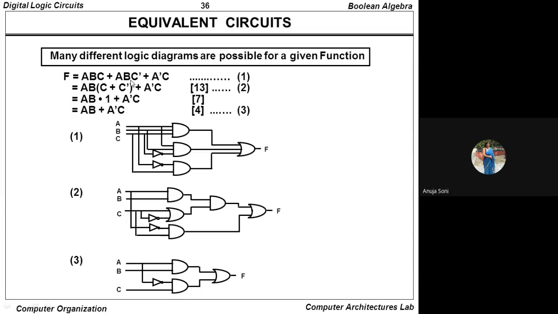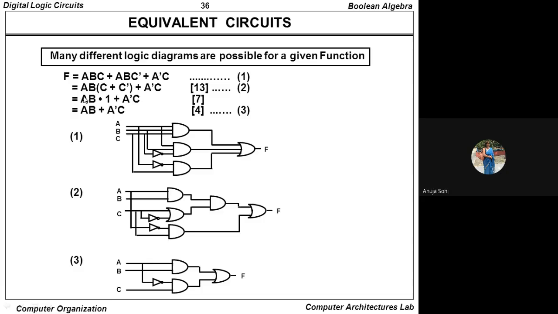This is one example, and we count how many gates are used in one part: 3 AND gates, 2 inverters makes 5, 1 OR makes 6. In the second reduced version it is 7 logic gates. If you come to the third version, only 2, 3, 4 gates are used. So the more we simplify the Boolean expression, the more the number of gates is reduced, and the same functionality can be achieved with fewer gates.